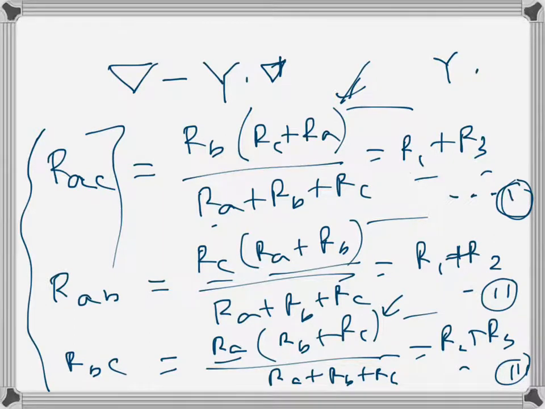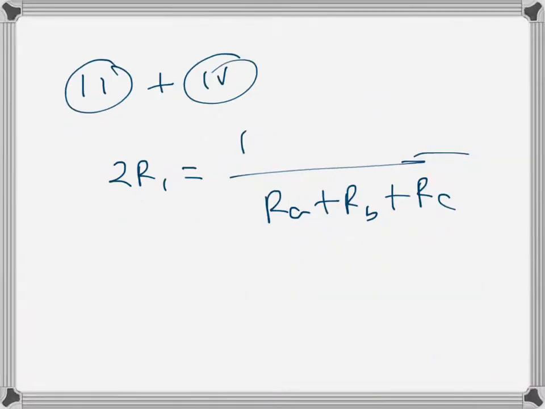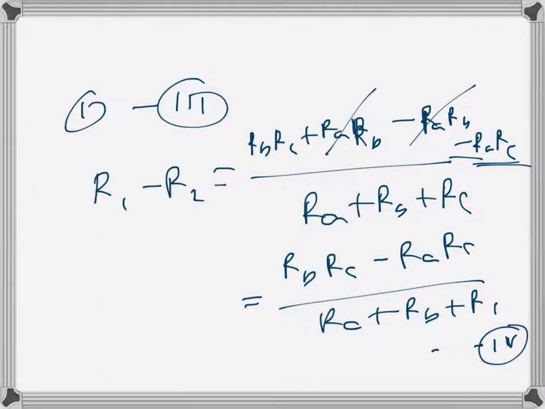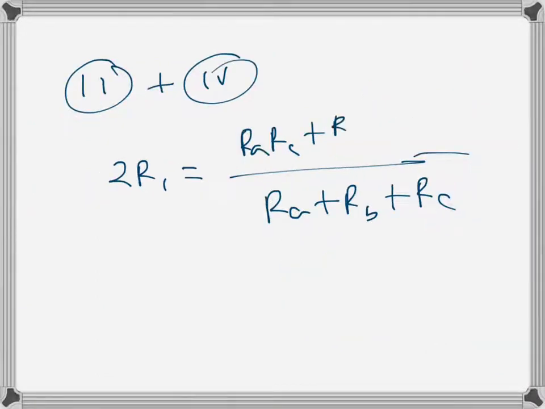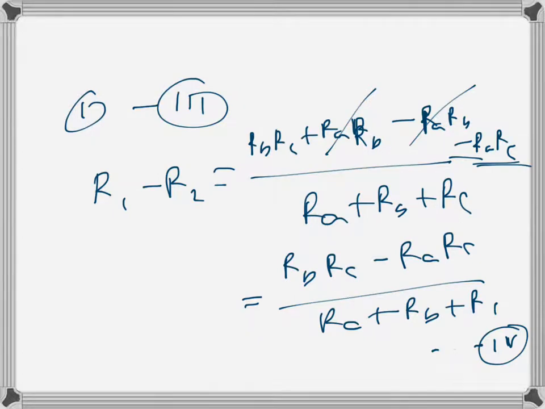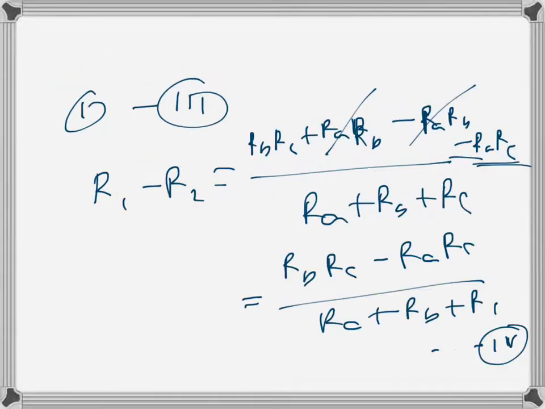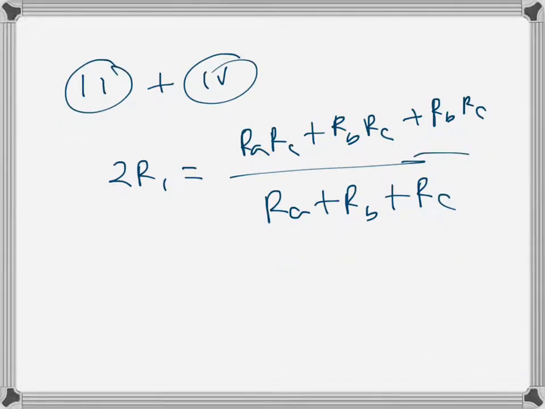So RA times RC plus RB RC, and this one becomes RBRC. We have to add them, so RBRC plus RARC, RBRC minus RARC, because we are adding now, not subtracting.